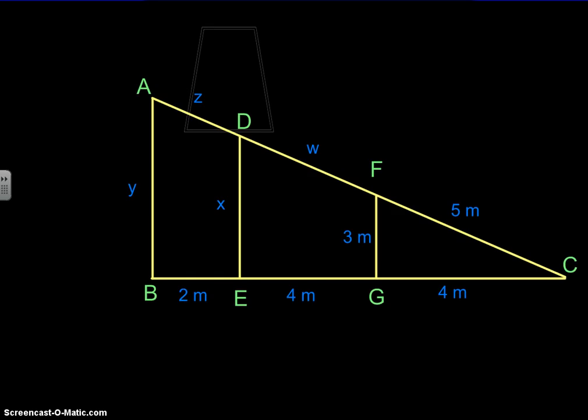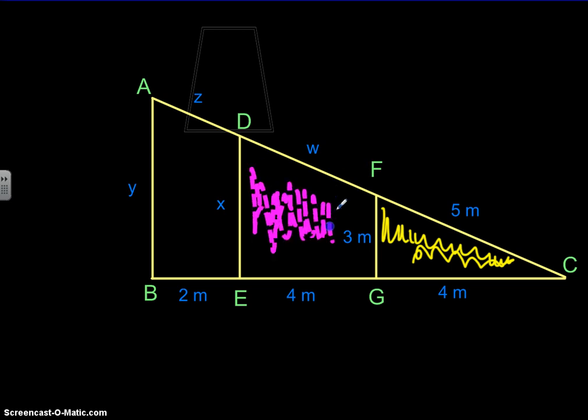Okay, we need to get rid of this because this is not helping us. There we go. So let's solve for x. Okay, notice we have a small triangle. Then we have this medium-sized triangle that kind of extends over here.